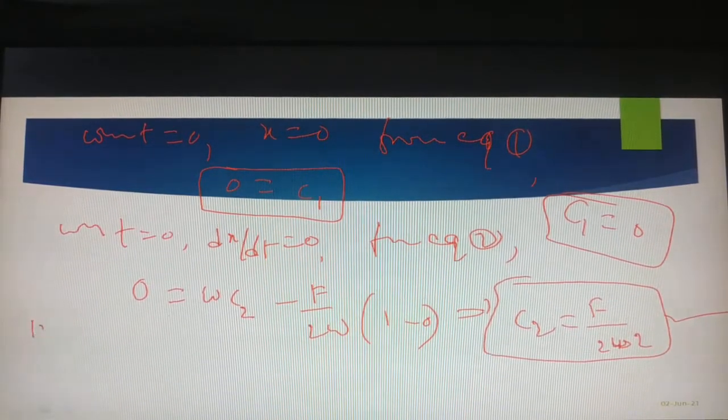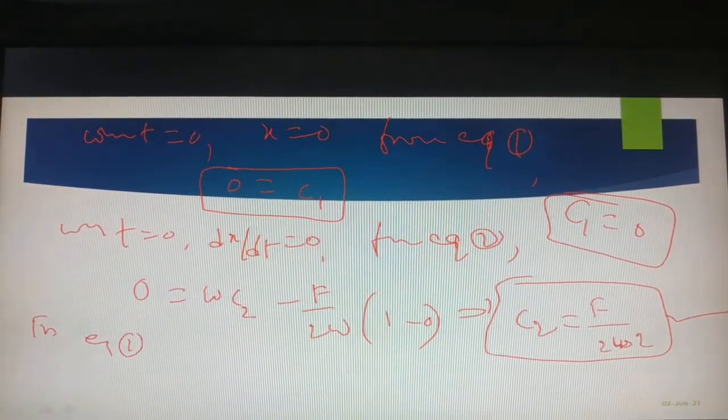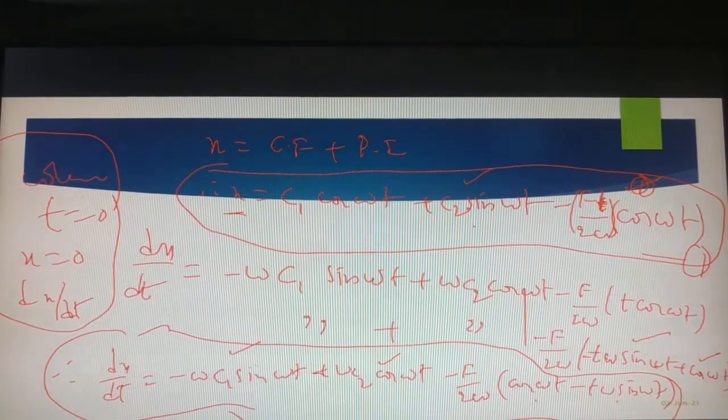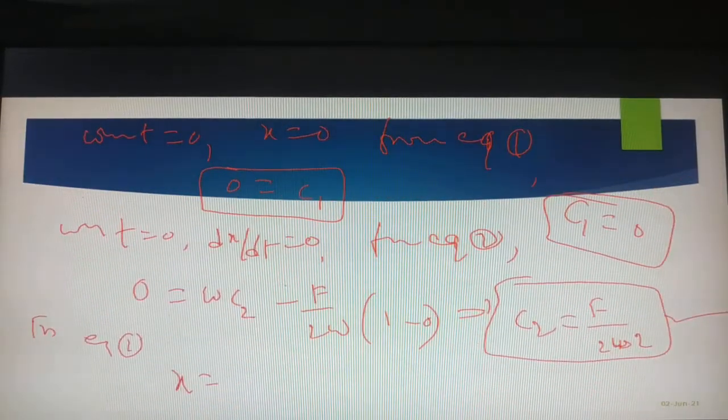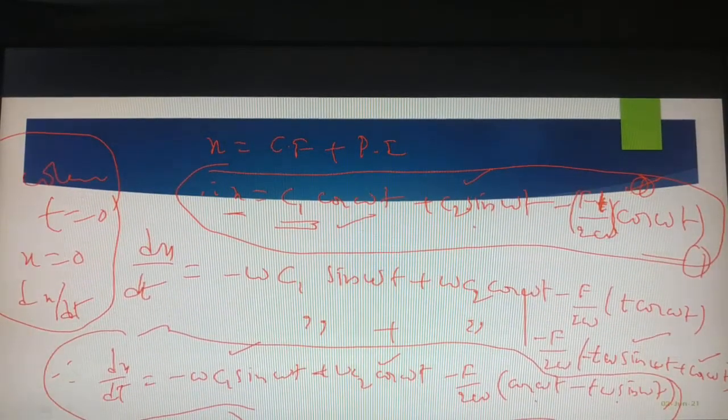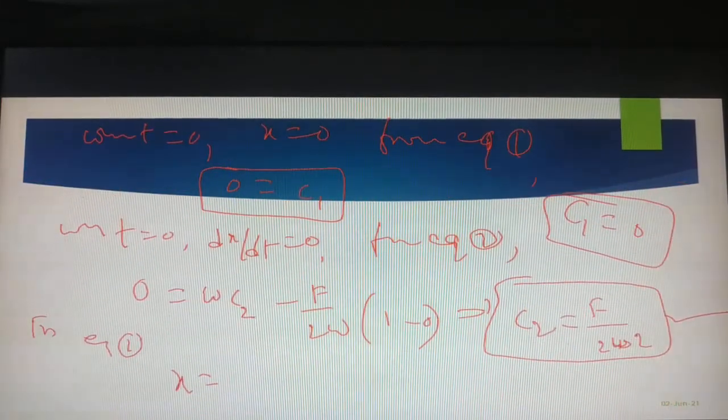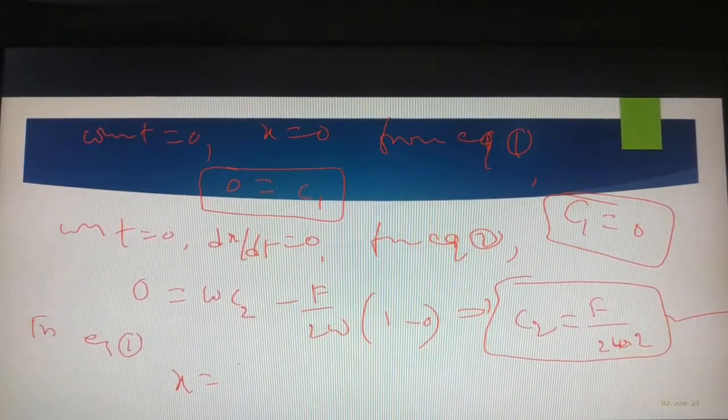Both of these we will substitute back in equation 1. In place of C1 the value is 0, so this term is again 0. C2 value is f by 2 omega squared.